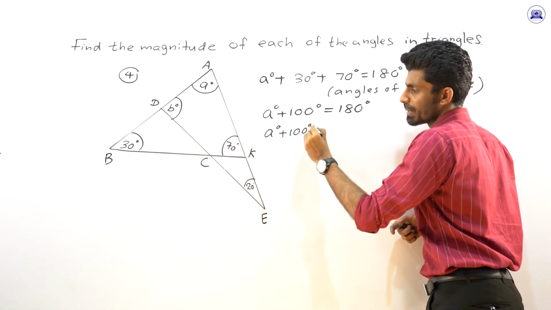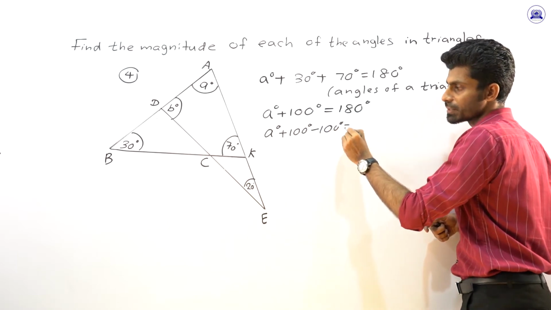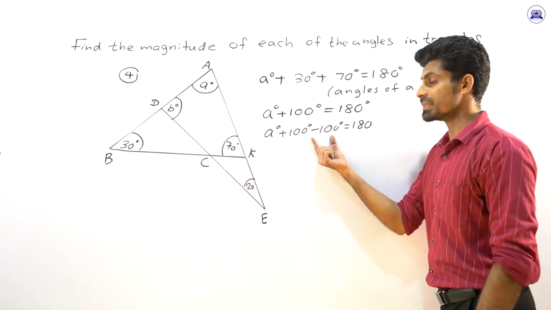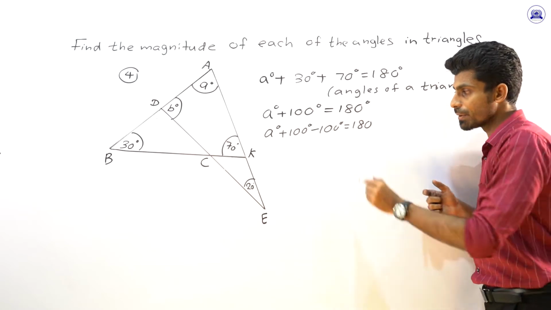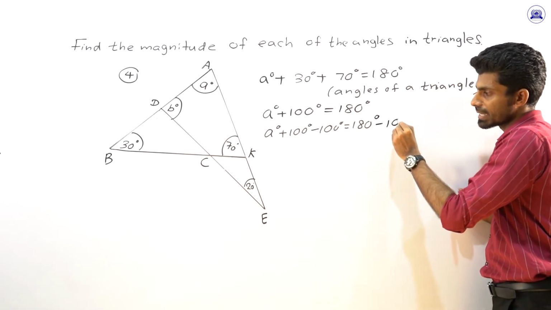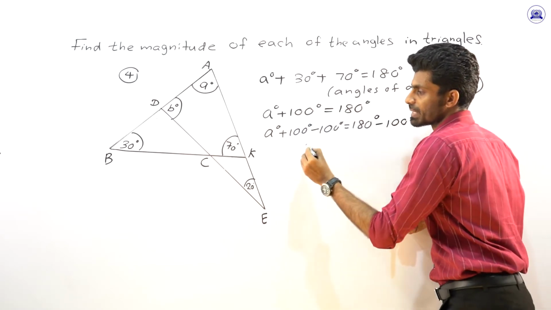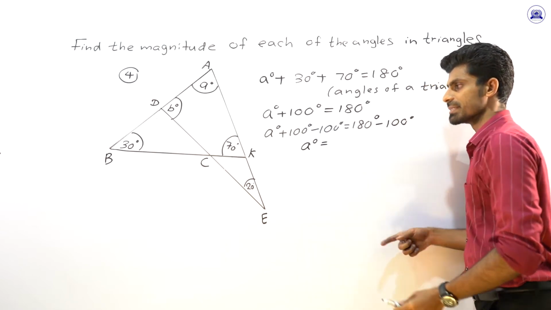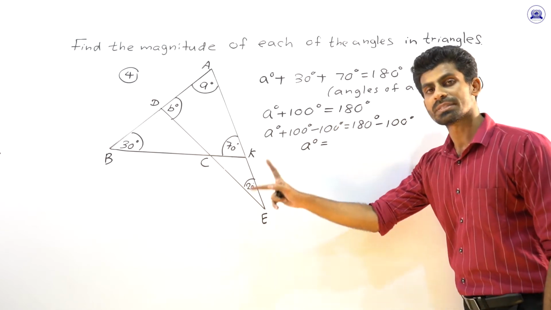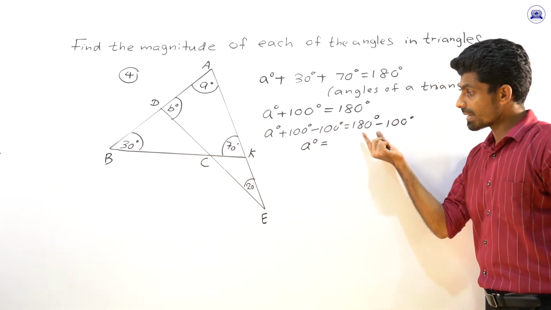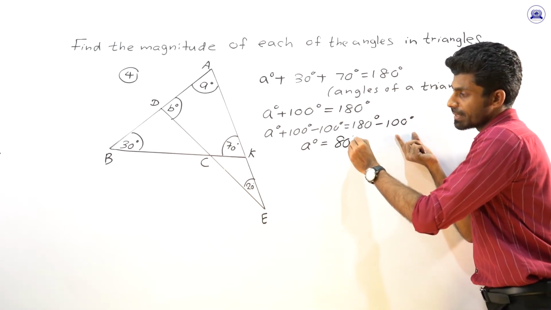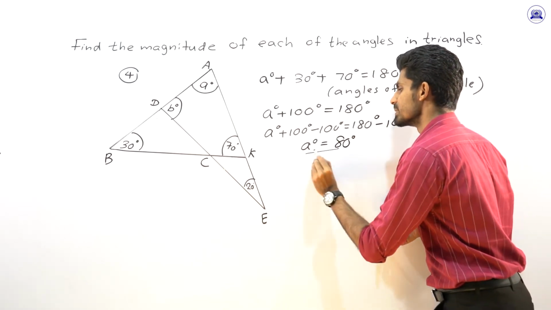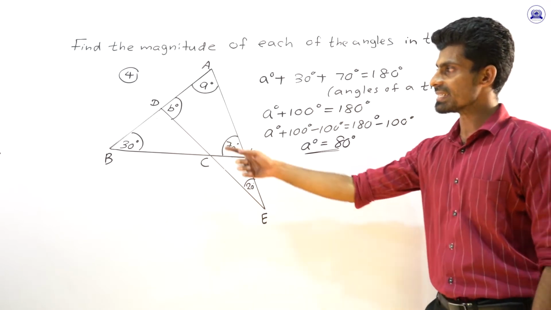You need to take minus 100 to remove that one, and you need to do the same for the right side also. 180 minus 100. So A equals 100 minus 100, those terms will be cancelled out. 180 minus 100, what is the value? 80. So A equals 80.